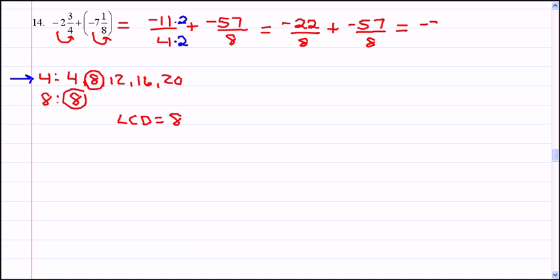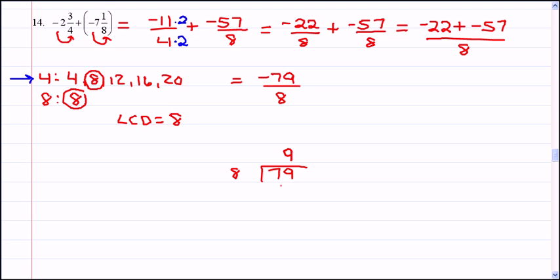Denominators are the same, so I can write this as negative 22 plus negative 57 over 8, which is negative 79 over 8. And if I take 8 and divide it into 79, I have a remainder of 7. So this can also be written as negative 9 and 7/8.